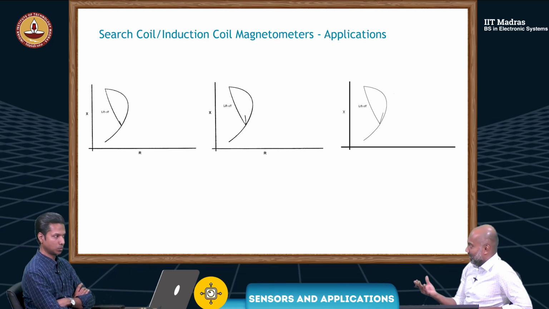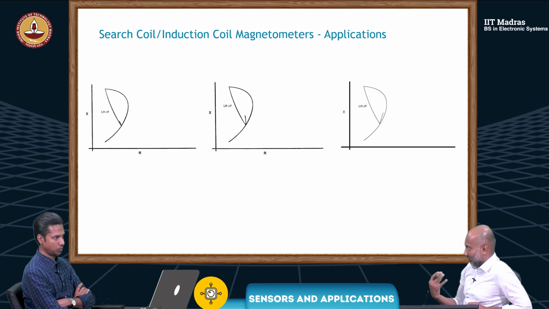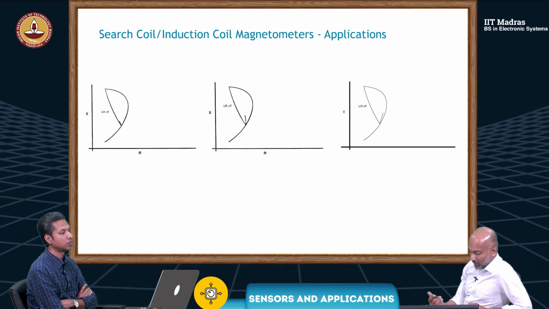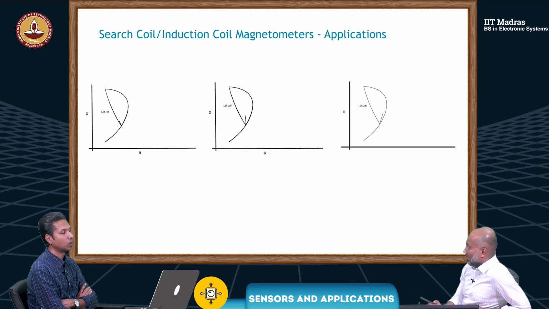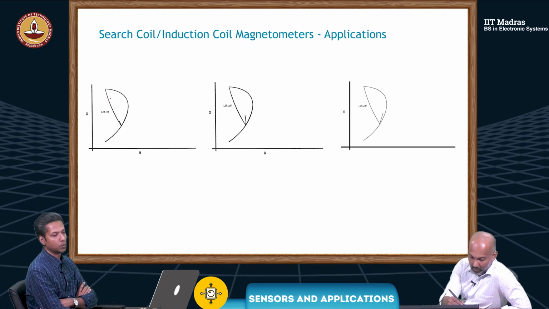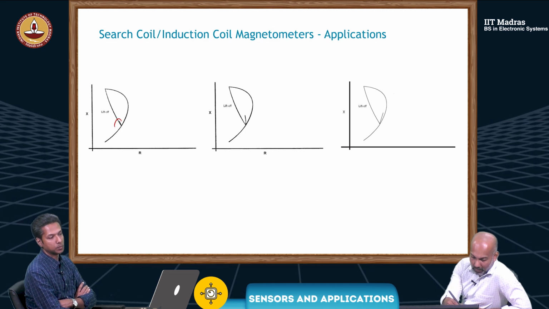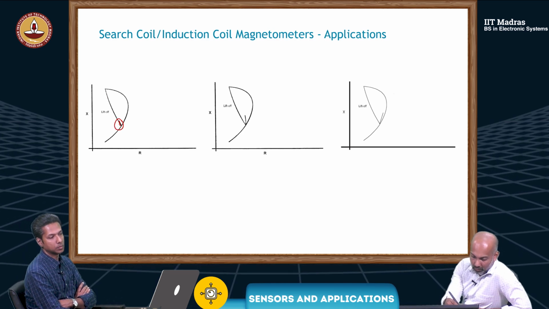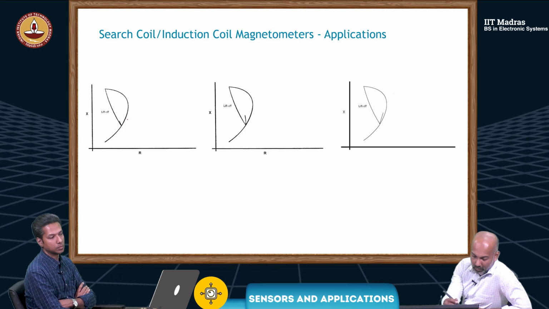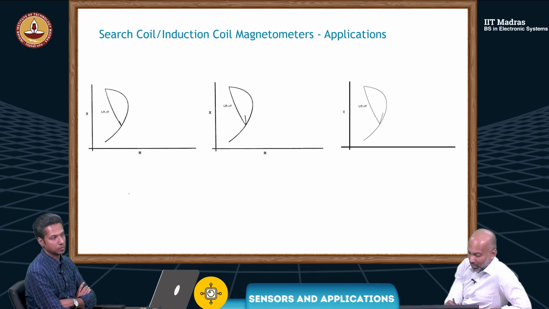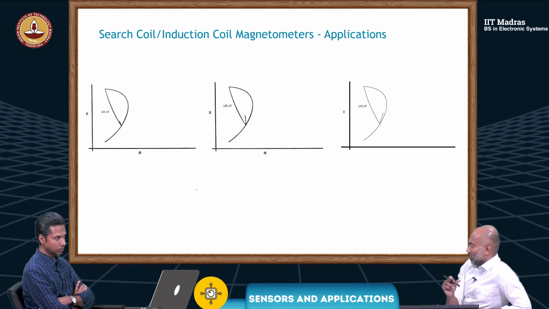As you said, they interrupt the flow of eddy currents. So the amplitude is quite small for a shallow crack, because the interruption is very small.